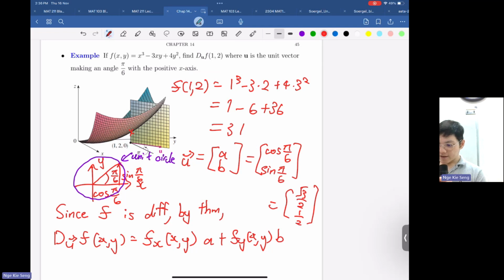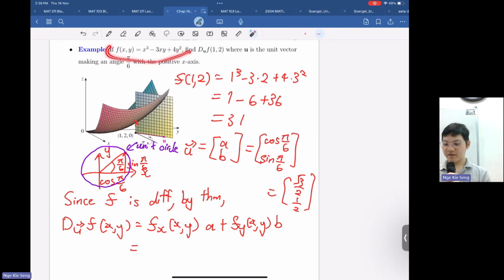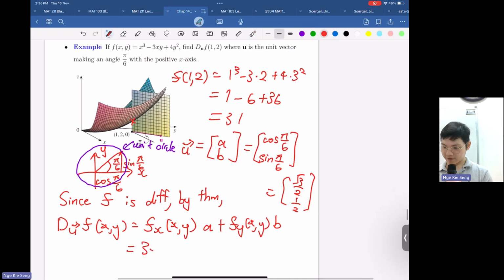Now f_x, the derivative with respect to x: differentiate f with respect to x, what do you get? 3x squared minus 3.